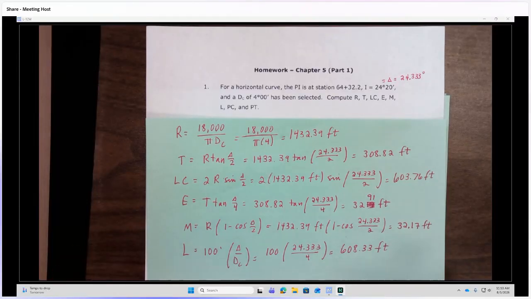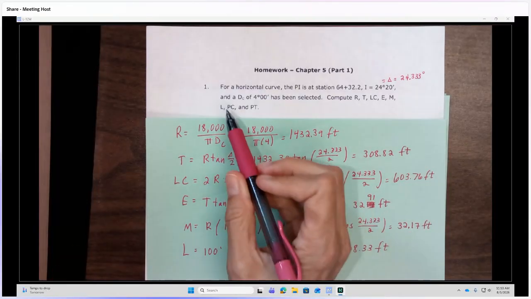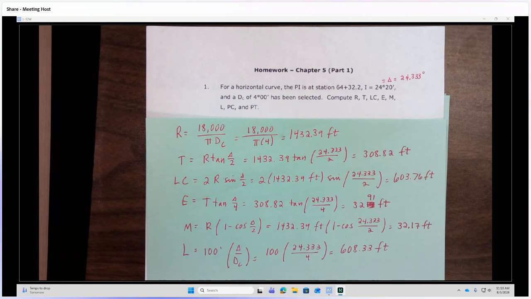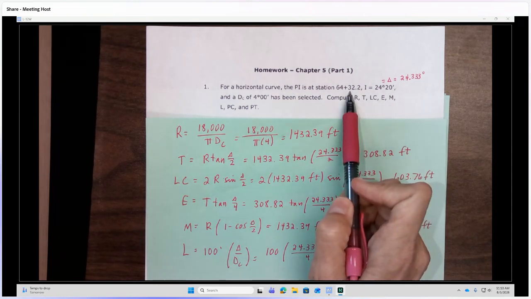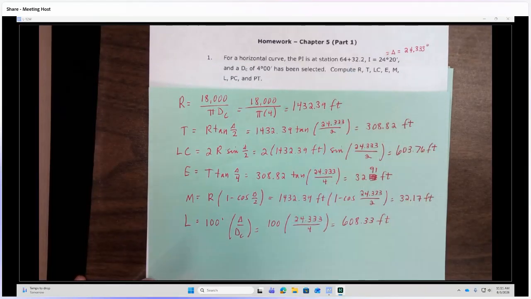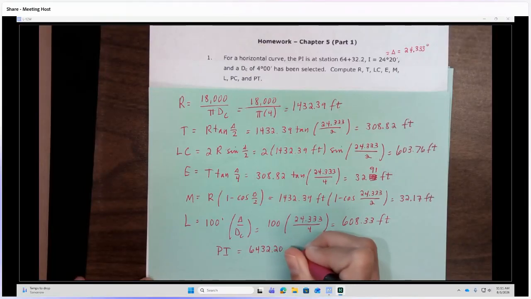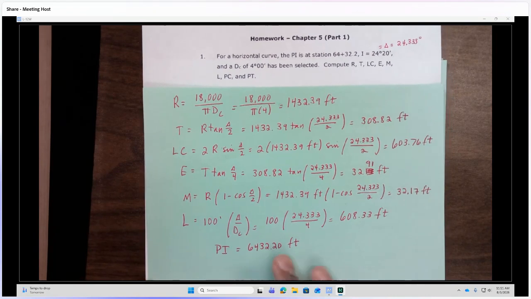And now we're ready to find our stations of the PC and PT. We'll start at the PI, which is given to us here, 64 plus 32.2. We'll convert that into regular numbers from stations. So it's just 6,432.20 feet. And we'll travel back the tangent distance to get to the PC.